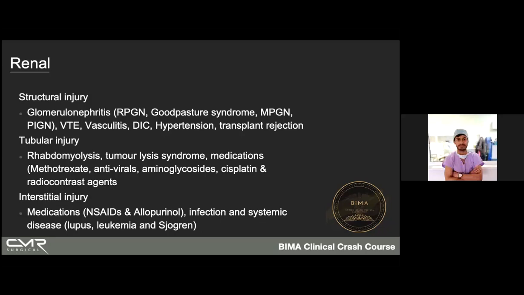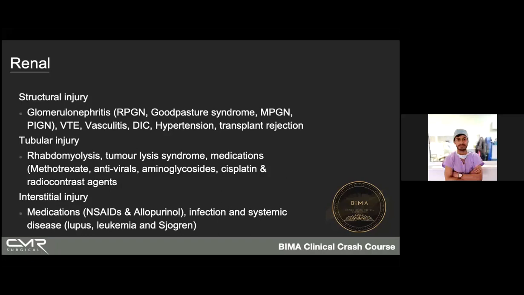Goodpasture syndrome is really a syndrome where antibodies are being formed against the glomerulus and the basement membrane. You have MPGN, which is membranoproliferative glomerulonephritis.